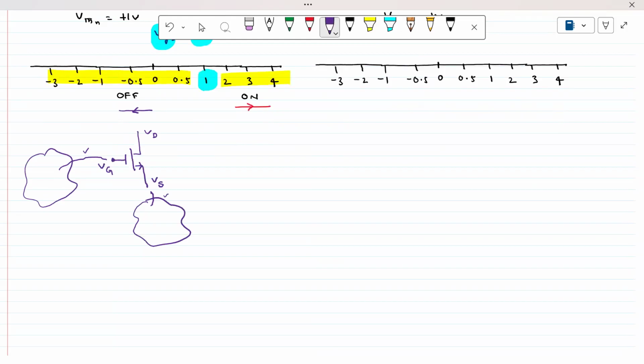For example, I want this transistor to be on. Then what are the conditions of VG and VS? Our requirement is that the VGS value must be greater than the threshold voltage. That means VG minus VS, the difference between these two, must be positive.